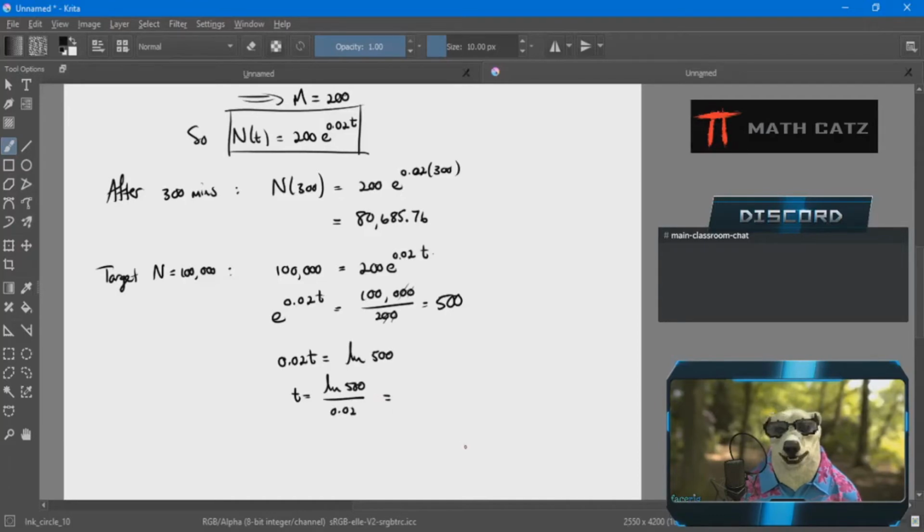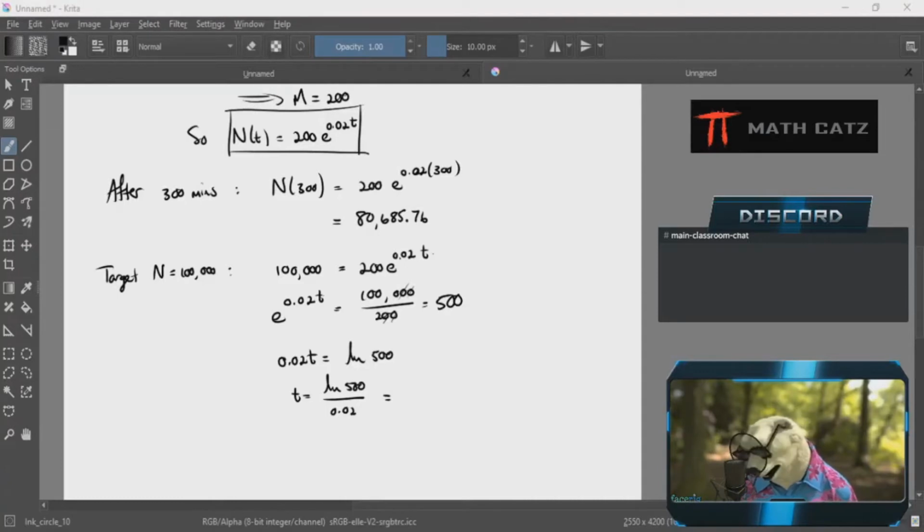Let's calculate that. Now I have to check what MathBot does for my log function. I'm guessing it's just ln. Let me just test it first. Yeah, okay.